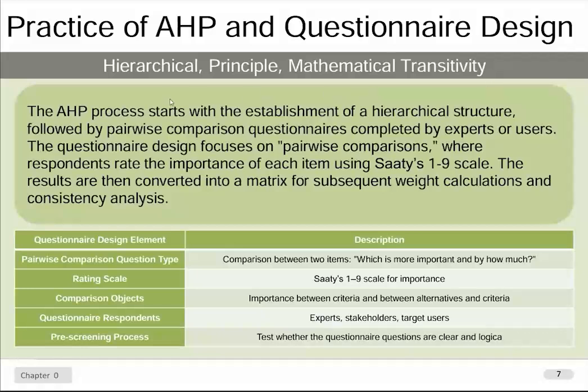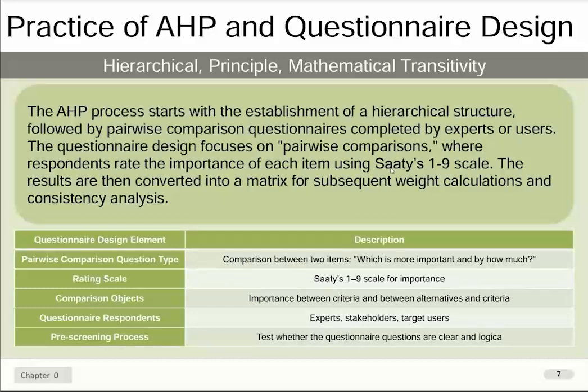So the AHP process starts with the establishment of the hierarchical structure, followed by the pairwise comparison questionnaire completed by experts or users. The questionnaire design focuses on pairwise comparison, where respondents rate the importance of each item using Saaty's 1 to 9 scale. The results are then converted into a matrix for subsequent weight calculations and consistency analysis.